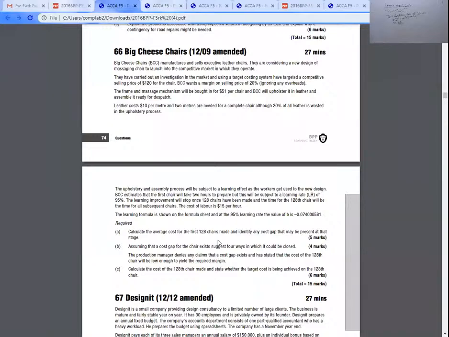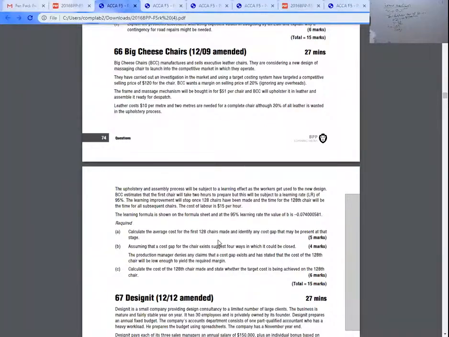Brilliant. From there, ladies and gentlemen, I know next thing will be about B. B is what we call the learning index. To get the learning index, we normally take log R divided by log 2, the log of the learning rate divided by log 2.